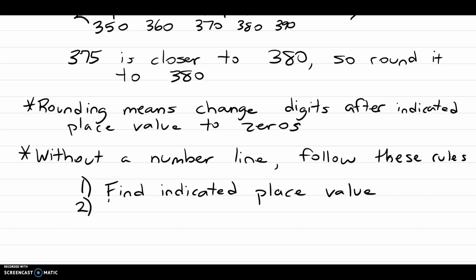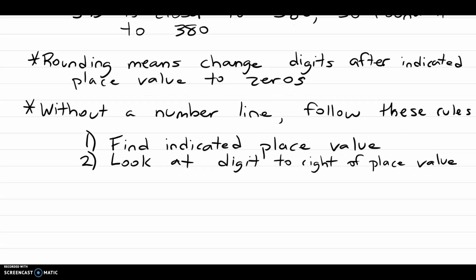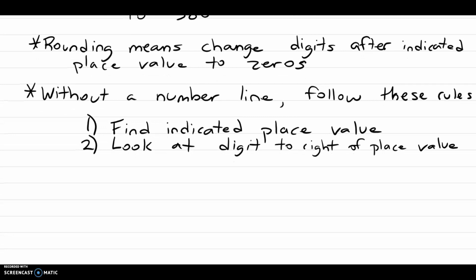Then you look at the number or digit to the right of the place value. So you find the indicated place value, and then you look at what's right next to it, to the right.